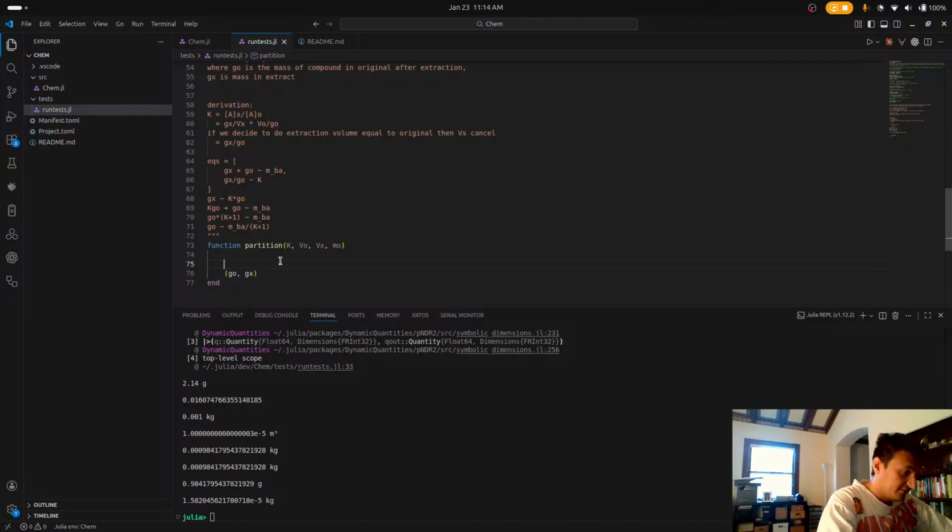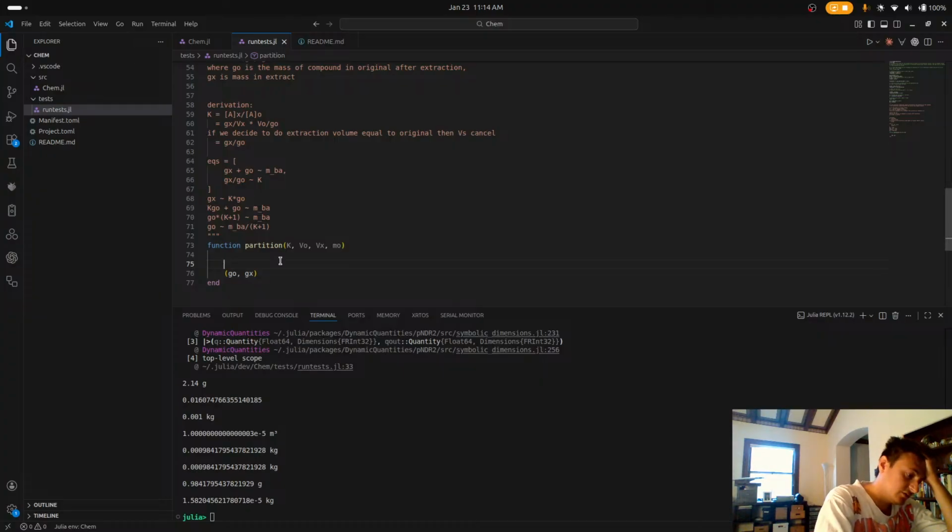So we have gx over vx times k is equal to gx times vx divided by vx over vo. Okay, so then we're gonna get vo over vx times gx over go.